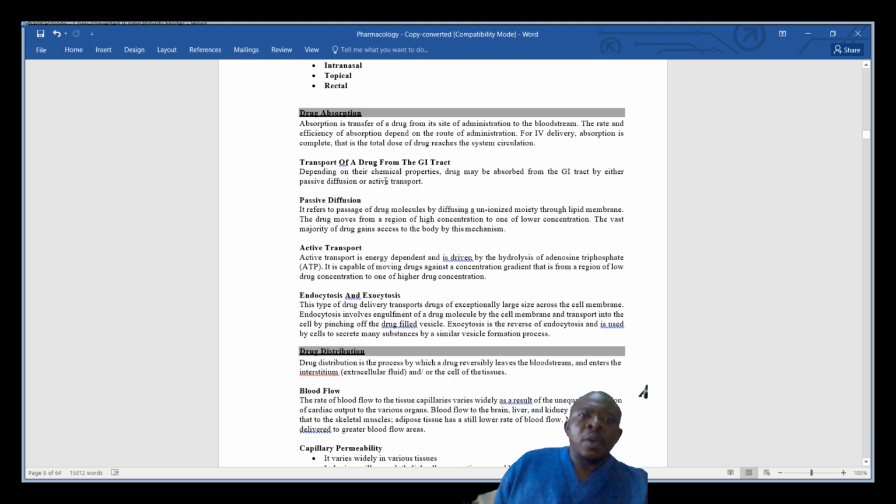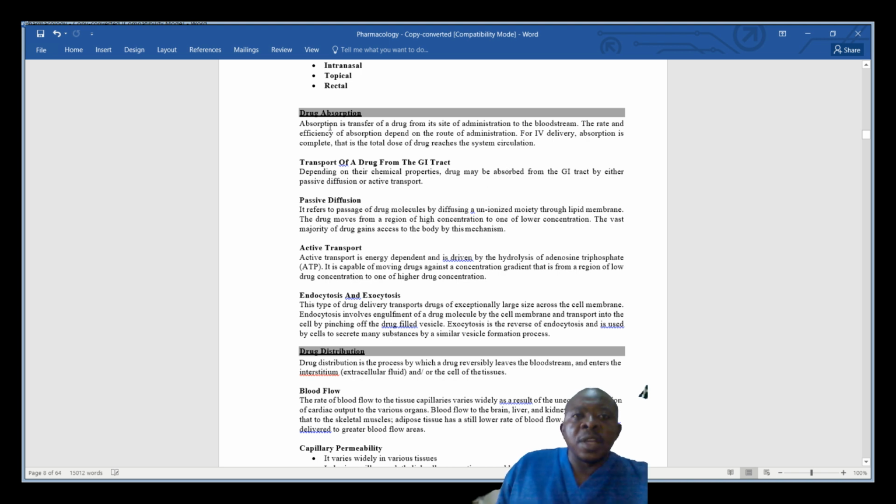In absorption, we are looking at the transfer of the drug from its site of administration to the bloodstream. The rate and efficiency of absorption depend on the route of administration. For IV or intravenous delivery, absorption is complete, that is, the total dose of the drug reaches the systemic circulation.